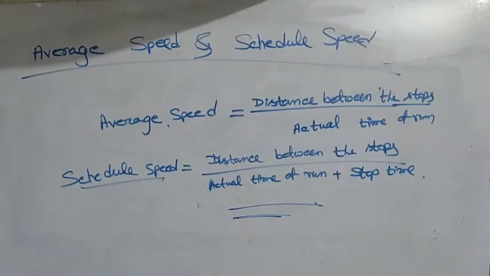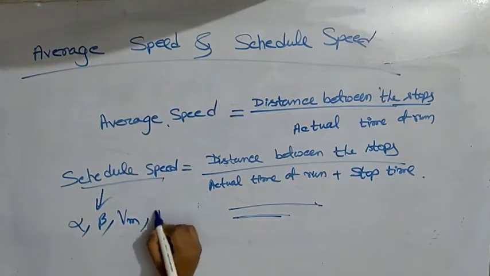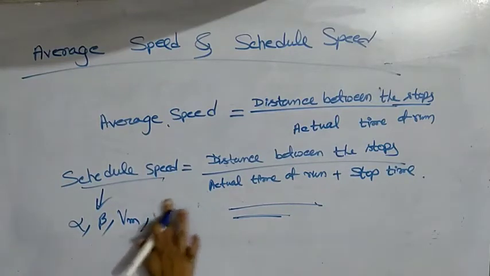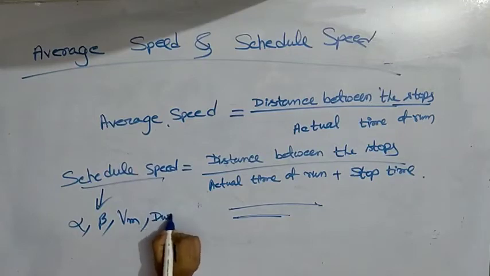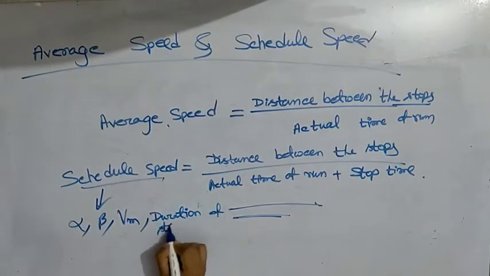Now factors affecting scheduled speed are the value of alpha, value of beta, maximum speed and duration of stop. So this is affected by alpha acceleration, beta deceleration, Vm maximum speed and duration of stop.